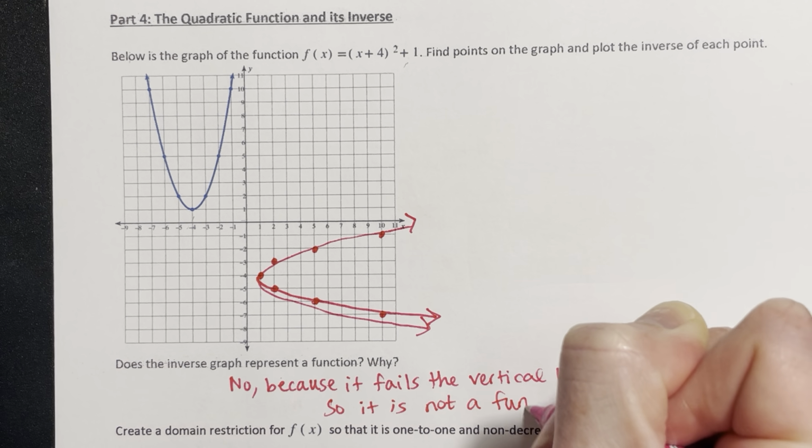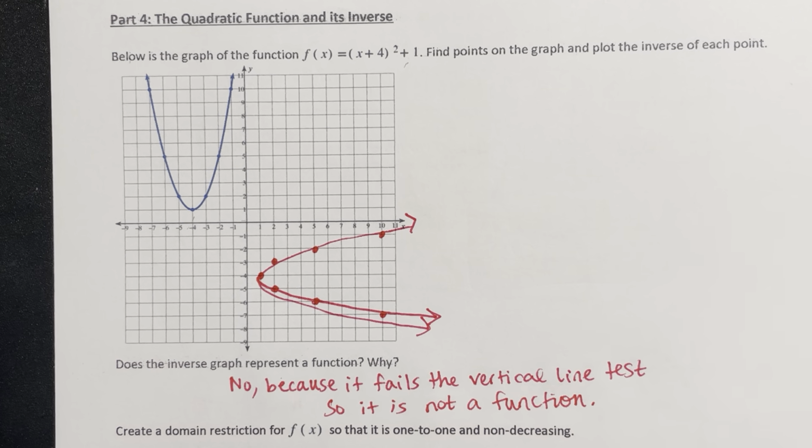So if it's not a function, then it can't be written as an inverse function. The inverse graph is not a function. But if we restricted the domain of that original function, then it could have an inverse.